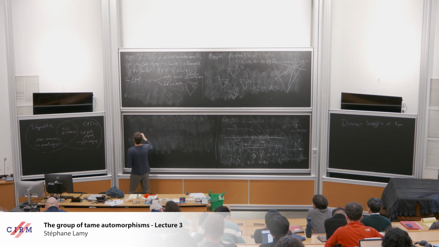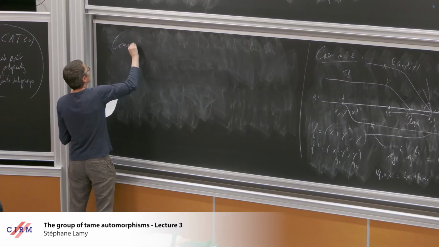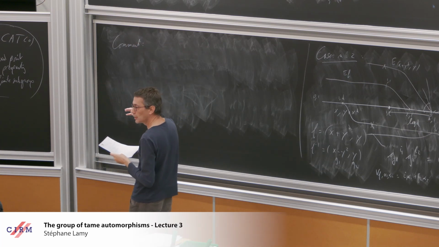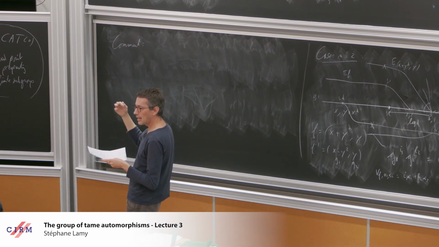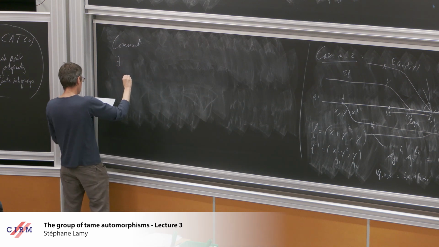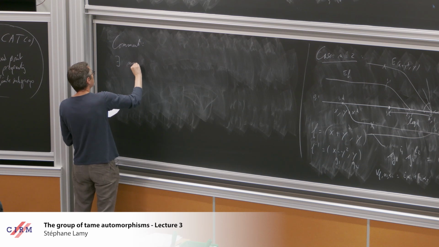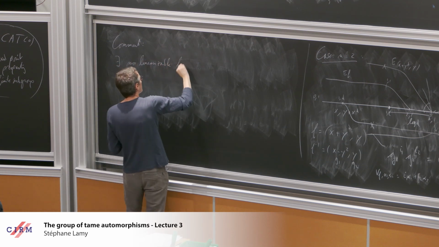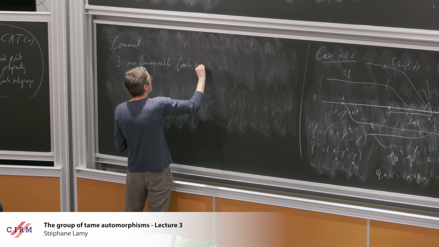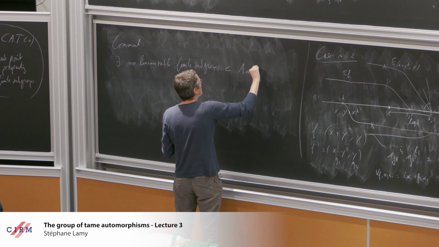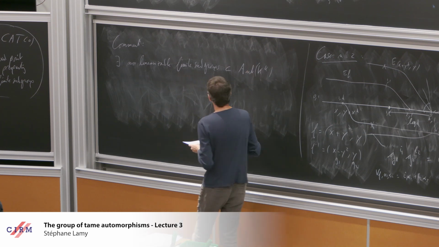So, last comment. It is known, in view of the corollary, that there exist in higher dimension some examples of non-linearizable finite subgroups, inside, in fact, Tame K4.